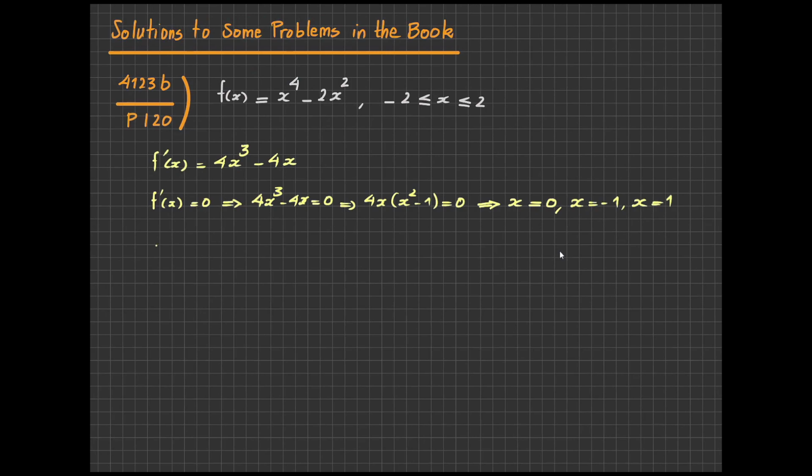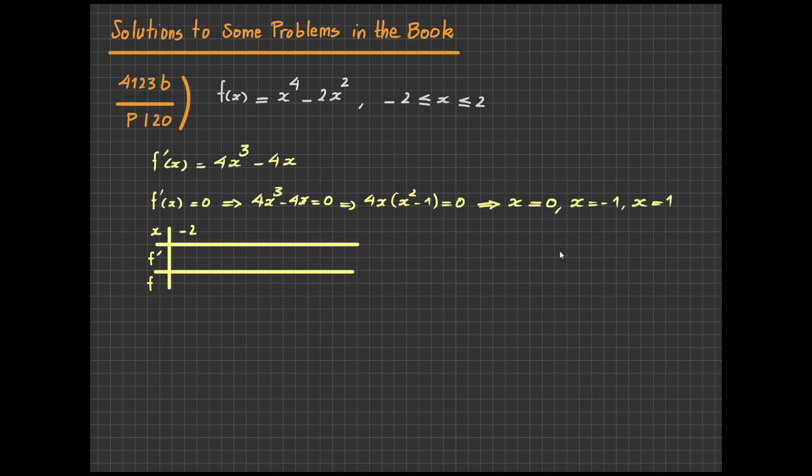Then I need to set up this sign table. It consists of 3 rows. So the first row is x, the second one is the derivative, the third one is the function itself. But here, because the interval x is going from minus 2 to 2, I don't need to go from minus infinity to infinity.